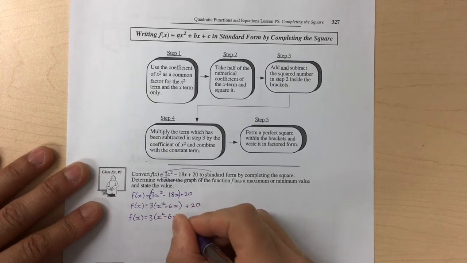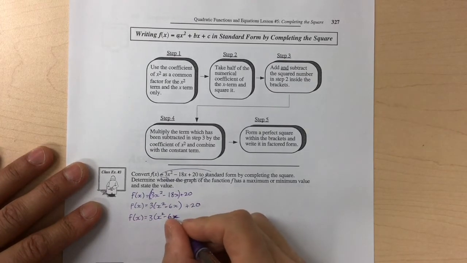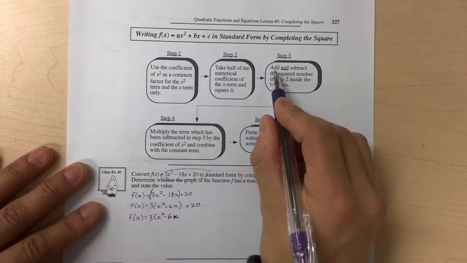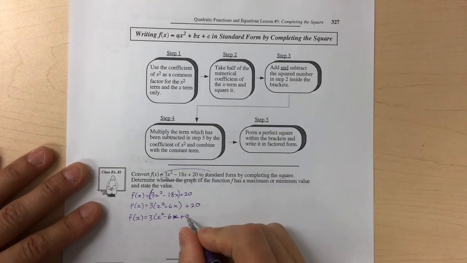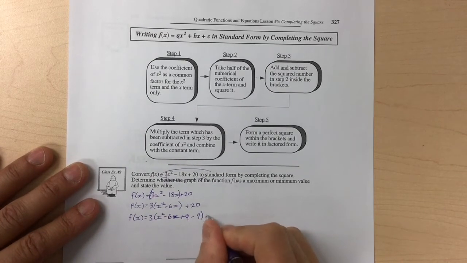So half of my x term is going to be negative 3 squared. And so I need to add and subtract that number. So plus negative 3 squared, which is 9, and subtract negative 3 squared, which is 9.